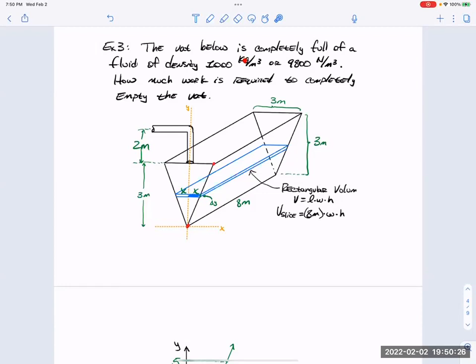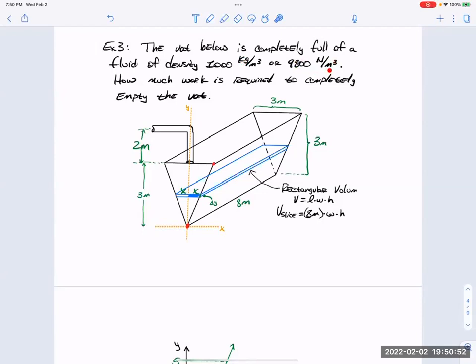So in this problem, this is a density, but it's a mass density. If you multiply by acceleration due to gravity, then you get what we call a weight density or force density. Now, in your homework, some of them, when they give you a mass density, you have to multiply by gravity to get the weight density.